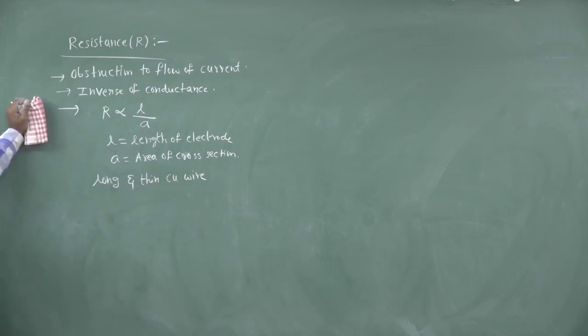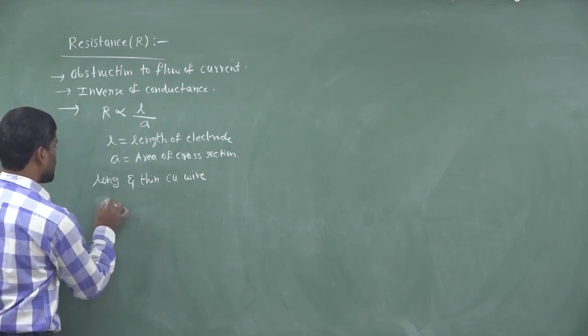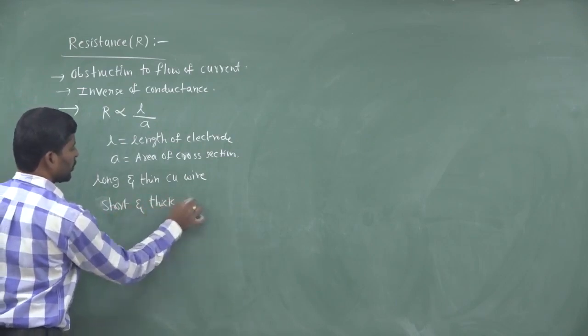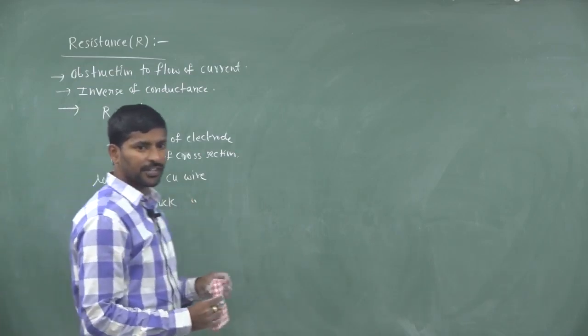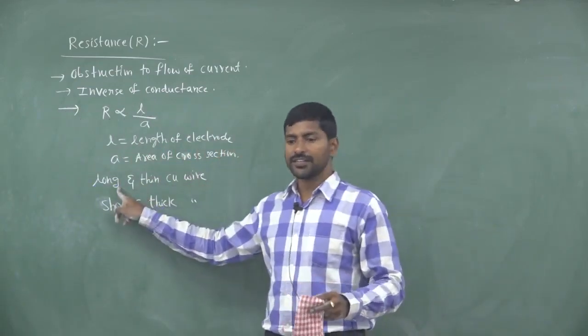Does it possess high resistance or low resistance? Similarly, we are taking a short and thick copper wire. Out of these two, which one possesses high resistance? The first one possesses high resistance.